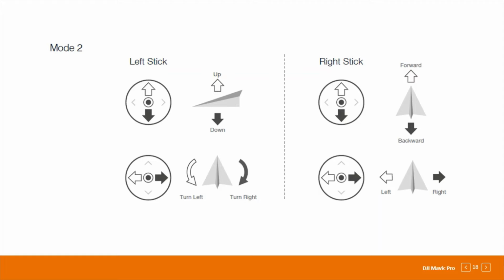Left and right will be shifting the aircraft left and right. For the left stick, up and down will be up and down, and left and right will be rotating the aircraft clockwise or anti-clockwise according to left and right.